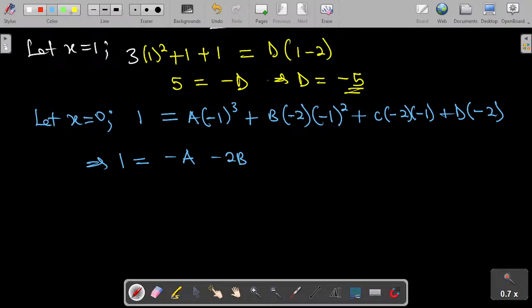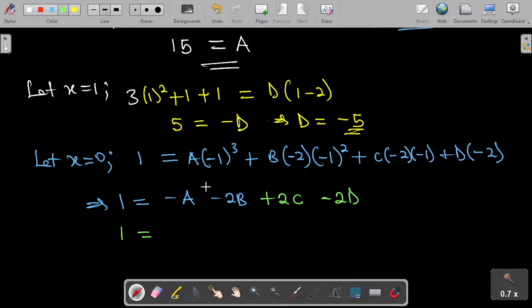While here, we are going to have minus 1 times minus 2, which is 2, and that's going to give us 2C. And finally here, we will have minus 2D. But already we have the values for A and D, and so we can substitute here. So we have 1 is equal to, our A is 15.